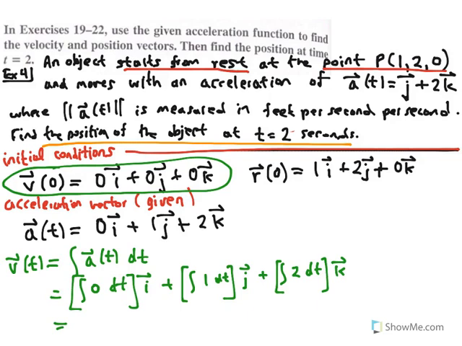And what would be an antiderivative of 0? It would just be some constant. The derivative of any constant is 0.